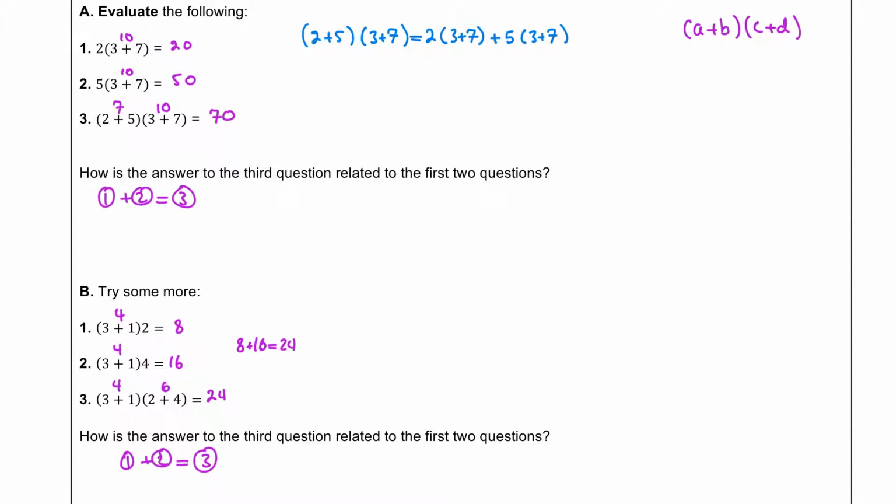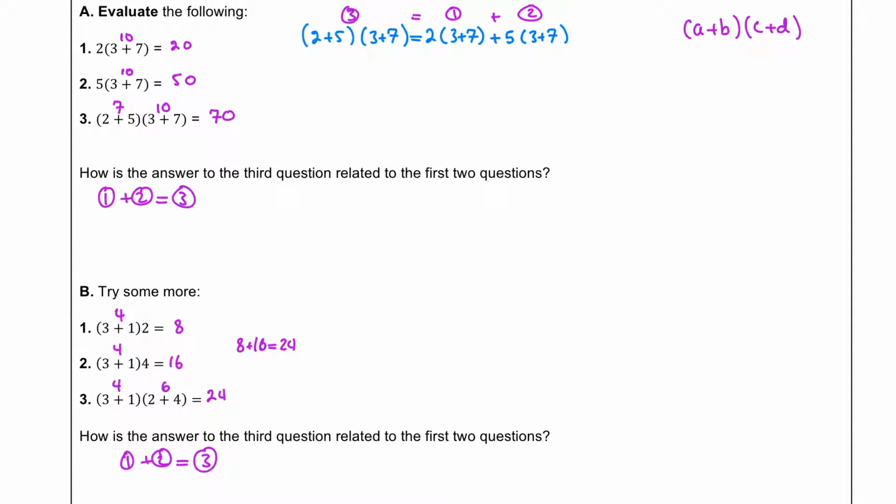So if you look, I'm saying that first of all, 1 plus 2 is equal to 3, so that means 3 is equal to 1 plus 2. So 2 plus 5 times 3 plus 7 is equal to 2 times 3 plus 7, which is my first equation, plus 5 times 3 plus 7, which is my second equation. So let's write that in with purple. So this is 3 is equal to 1 plus 2.